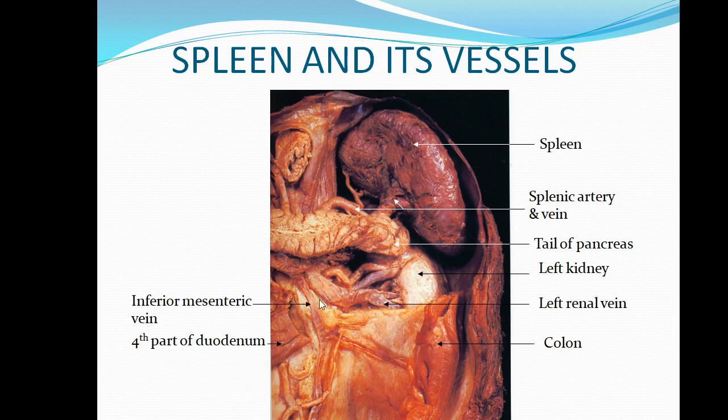Here what you can see is the left renal vein. This is the inferior mesenteric vessels. And what you can see here, this is the esophagus piercing the left dome of the diaphragm.